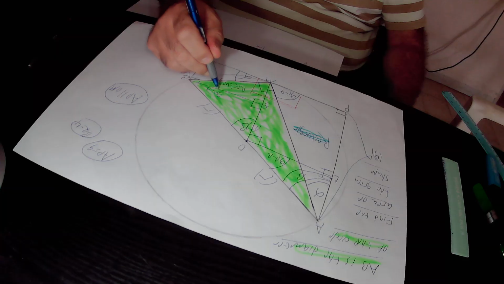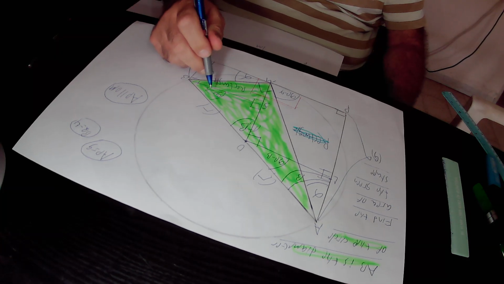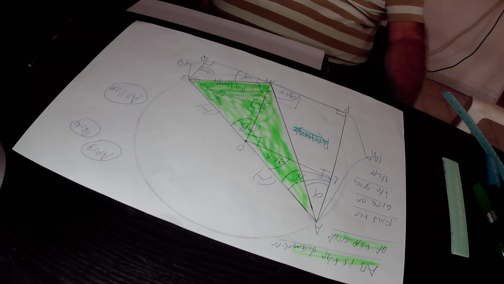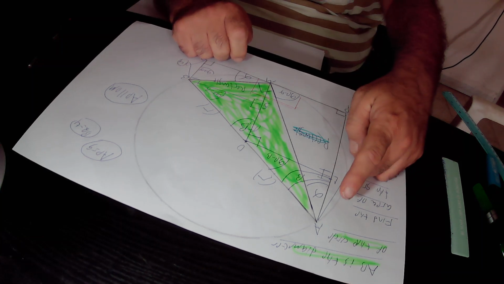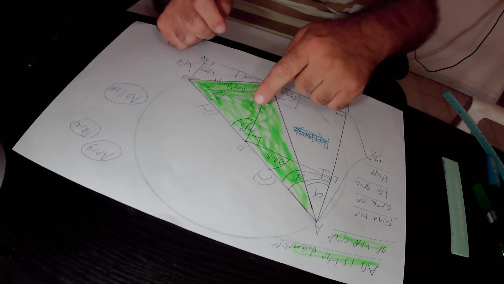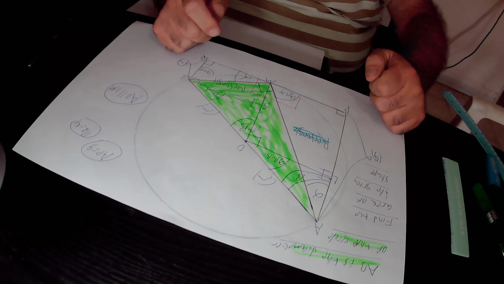According to the rule that the sum of the angles in a triangle is equal to 180 degrees. So in the next step, I copy those two right triangles, the right triangle ALO and the right triangle OSB, onto a new page.